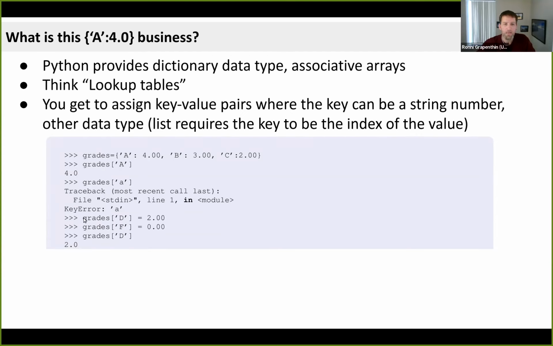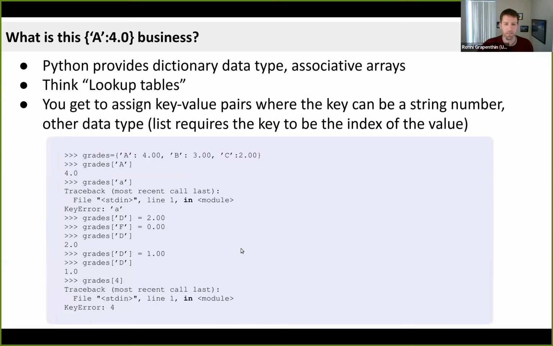If we say grades D is 2 and grades F is 0, we can add to the dictionary simply by assigning values to new keys that we add dynamically to the dictionary. So we've now expanded the dictionary to include D and F, which we initially forgot. And now, of course, I gave the wrong value to D. This is 1.0, so I can fix that, and now everything is fixed.